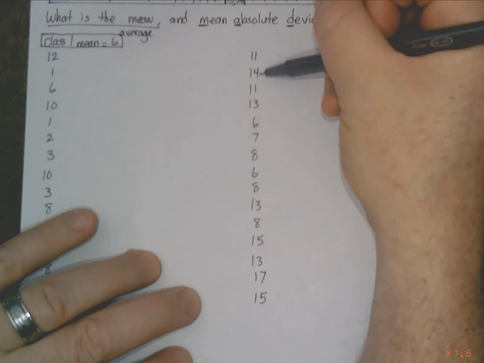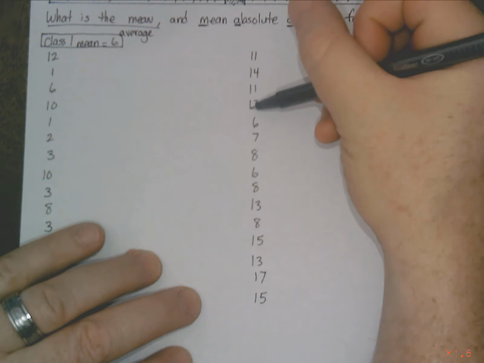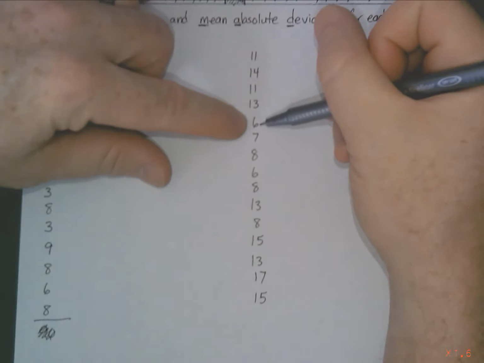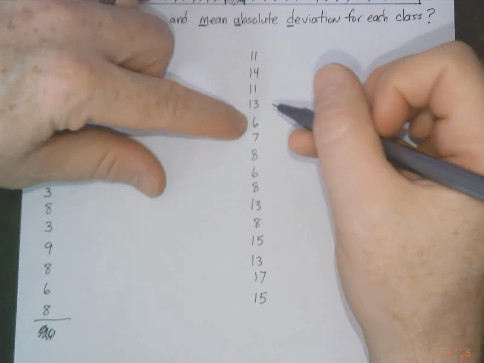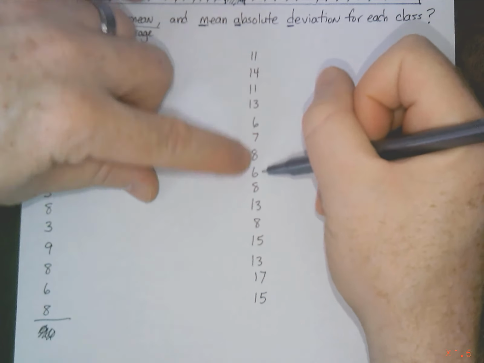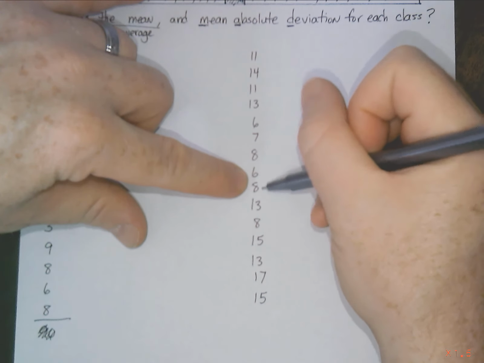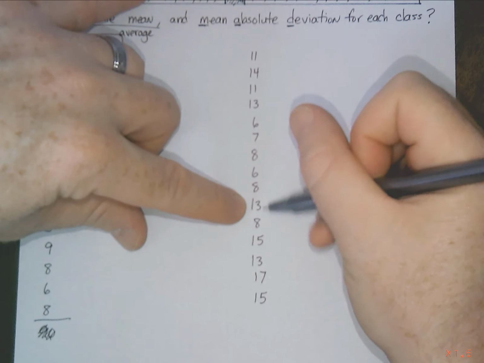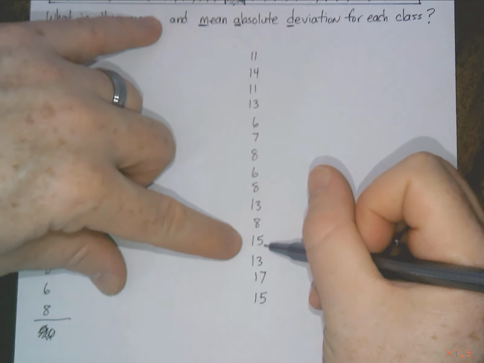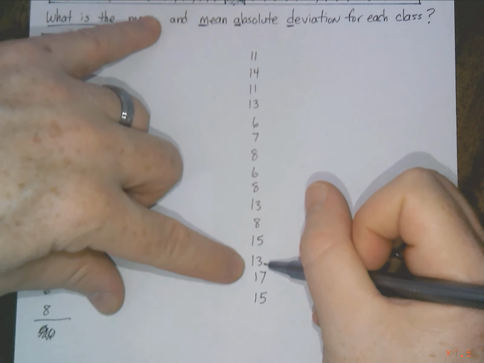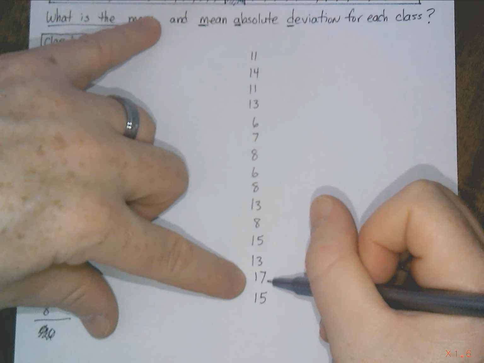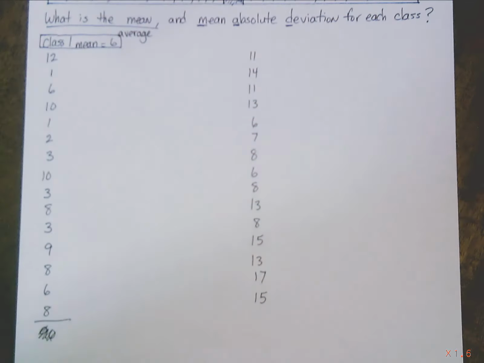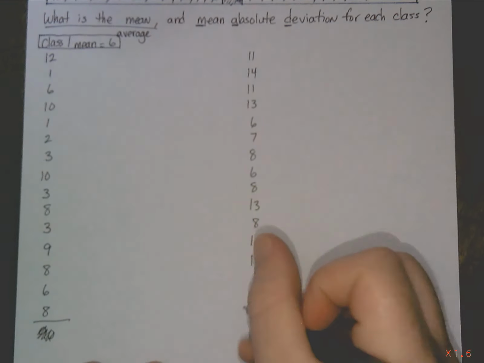All right, 11 plus 14 is 25. 25 plus 11 is 36. 36 and 13, 49. 49 plus 6, 55. 55, this is 15, so that's 70. 70 plus 14, here, this is 14, 84. 84 plus 21 is 105. 105 plus 15, 120. 120 plus 13, 133. 133 plus 17, 150. 150 plus 15, 165. All right, so that's 165.